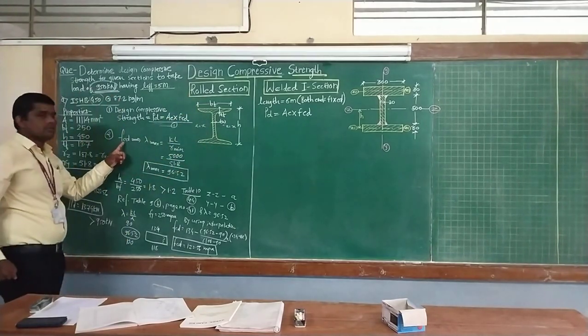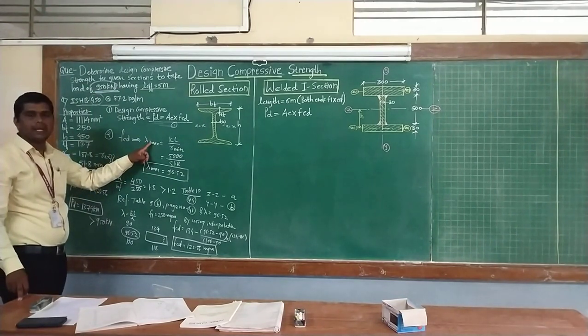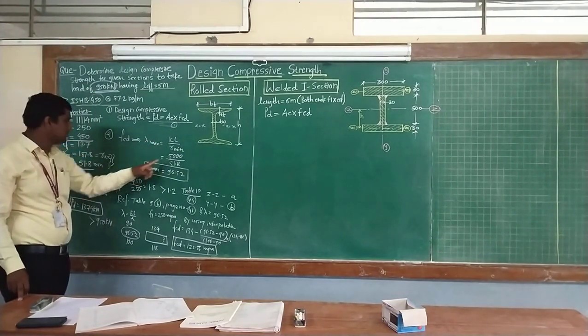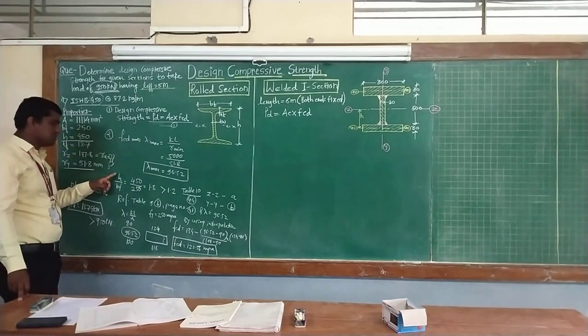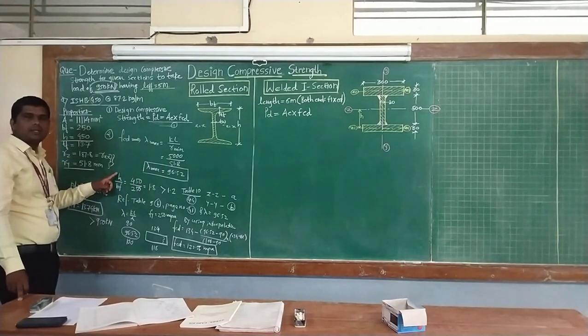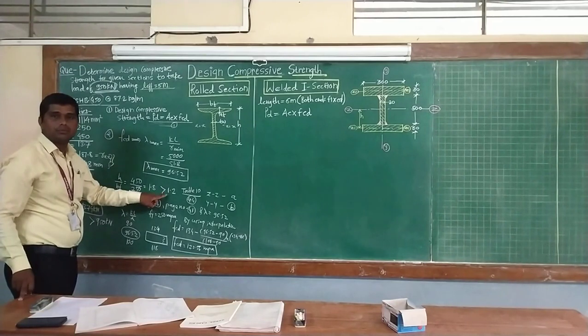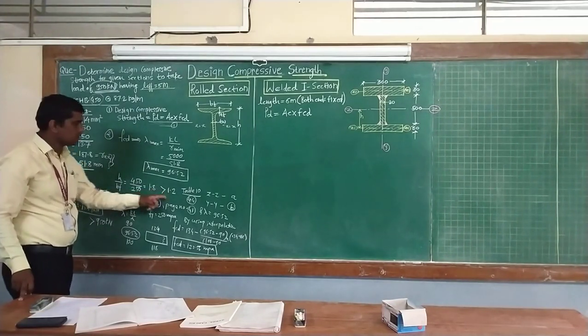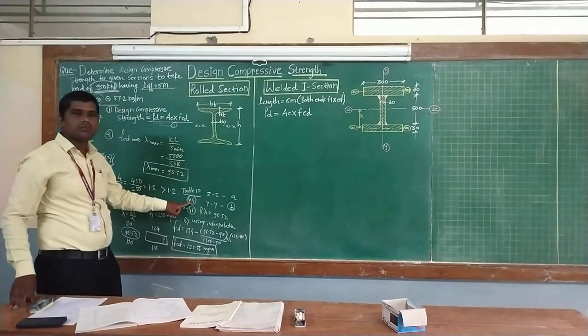By finding the design compressive stress, lambda max is equal to KL by r minimum. For this lambda max, we check the ratio of depth of section to the width of flange, h by bf, whether it is less than 1.2 or greater than 1.2. According to that we refer to table number 10 of page number 44.